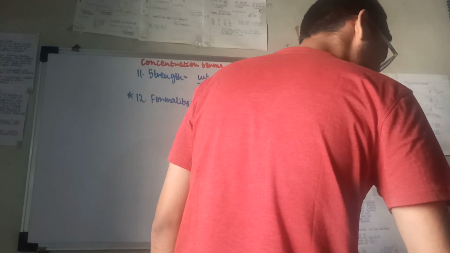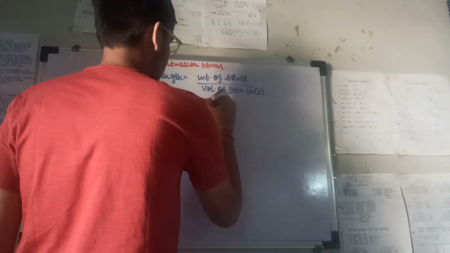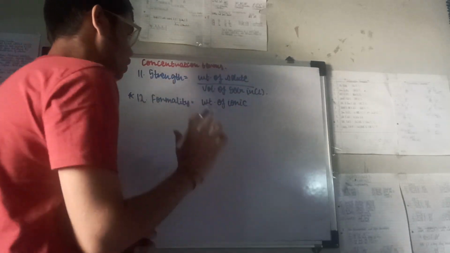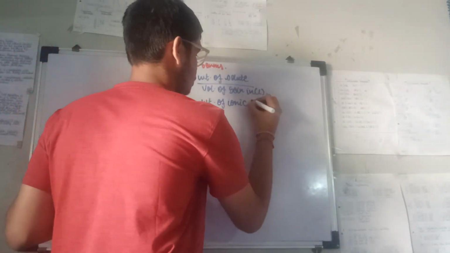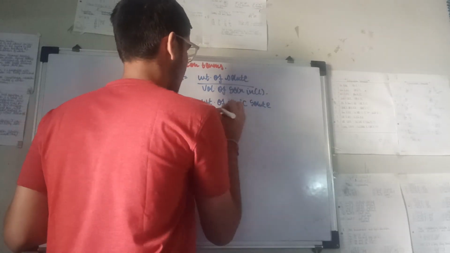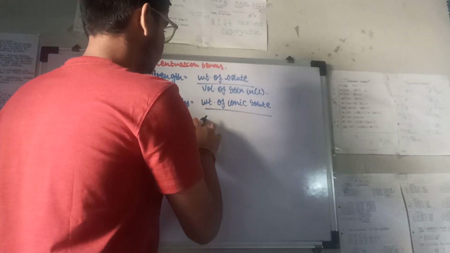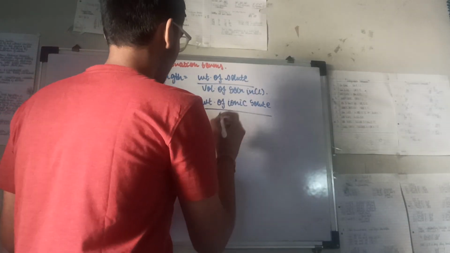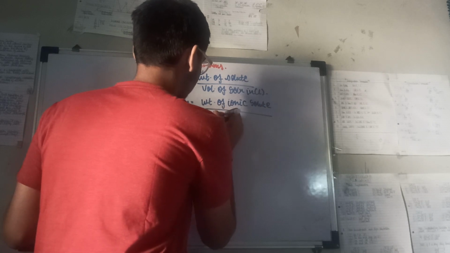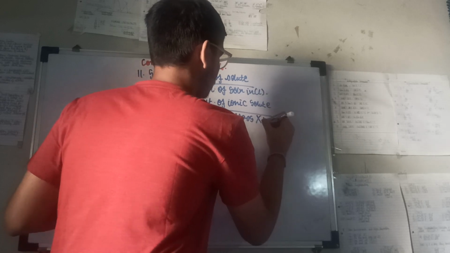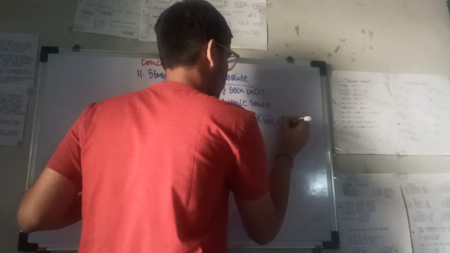The formula for it is weight of ionic solute by formula mass of the ionic compound into volume of solution in liter.